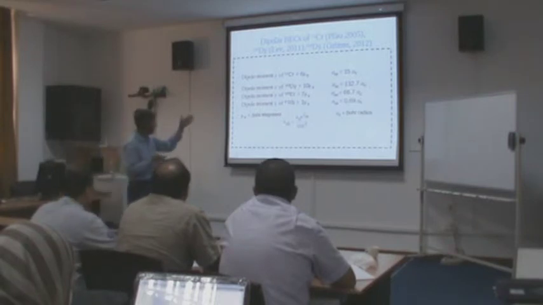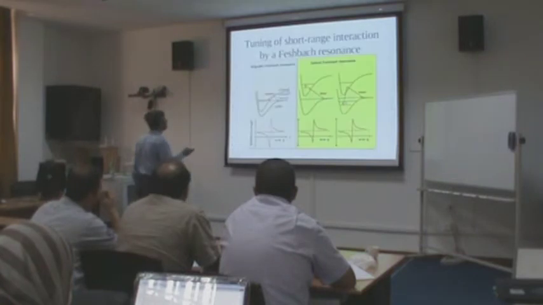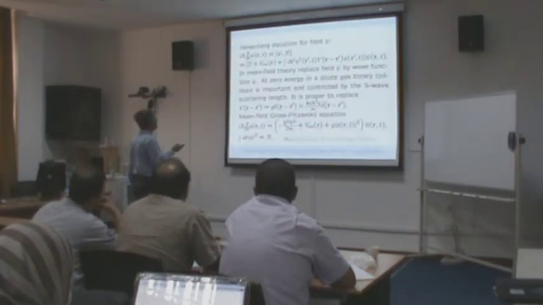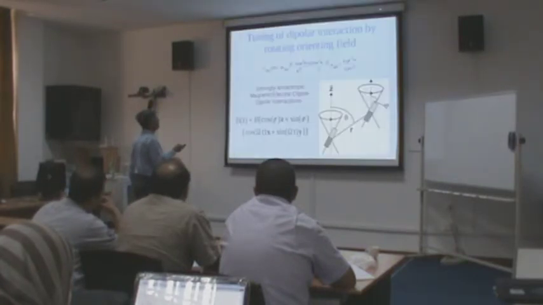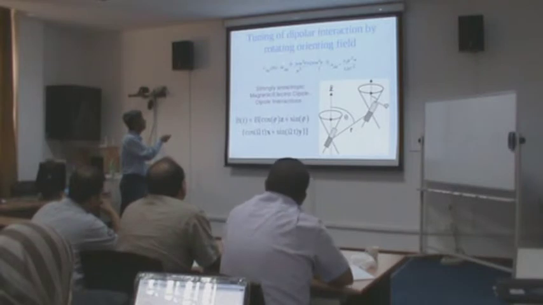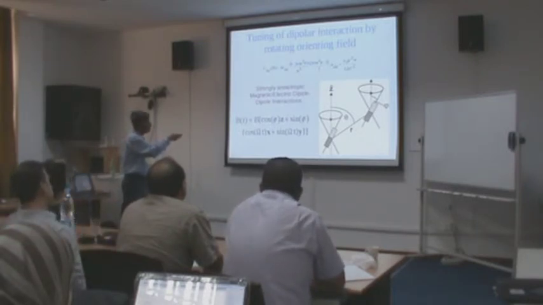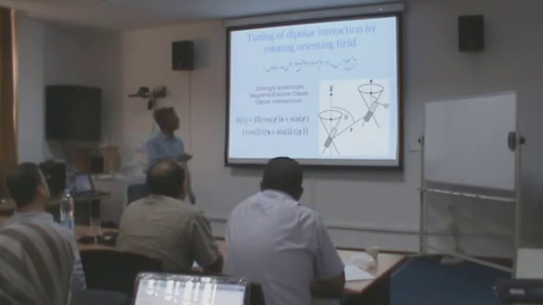But we can define a dipolar length here. It is defined like this, because this is the magnetic moment squared times the mass of the atom divided by this. So in the dipolar interaction, there is a coefficient here. This coefficient is taken here, and this has dimension of length.